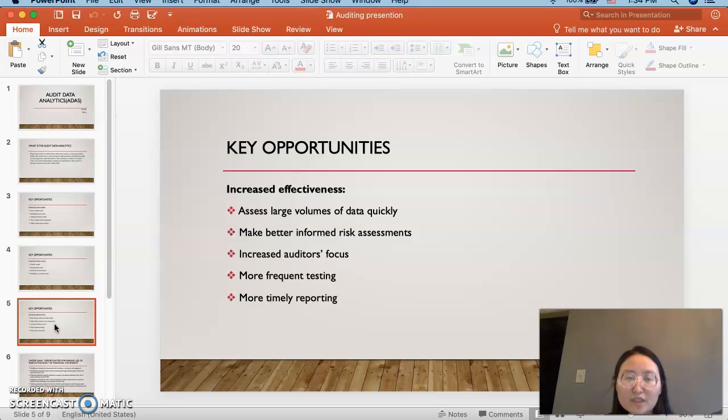This provides an opportunity for auditors to make better informed risk assessments so that further audit procedures responsive to those risks are more focused and effective. This method also enables auditors to perform more frequent testing at short intervals rather than concentrating audit work around the year end.